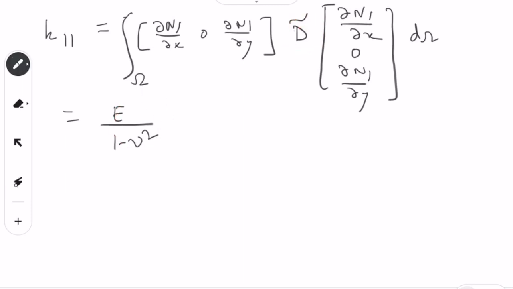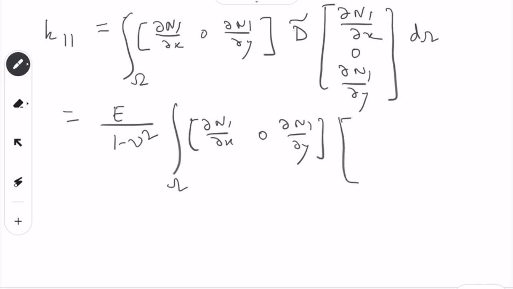Let's spell it out. We have del n1 over del x, 0, del n1 over del y, and here we have 1, nu, 0; nu, 1, 0; 0, 0, then 1 minus nu over 2, right?